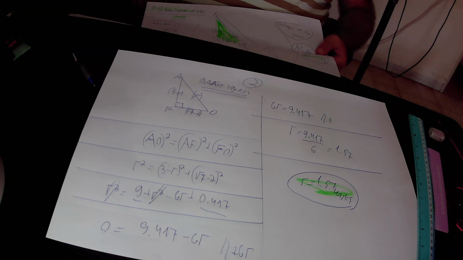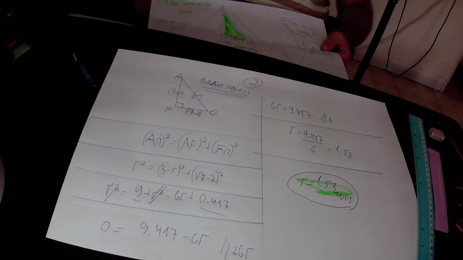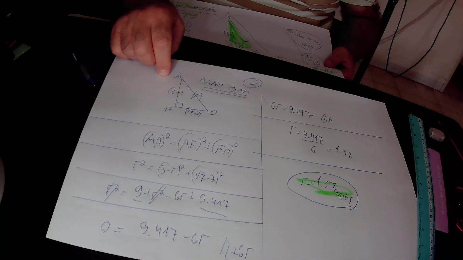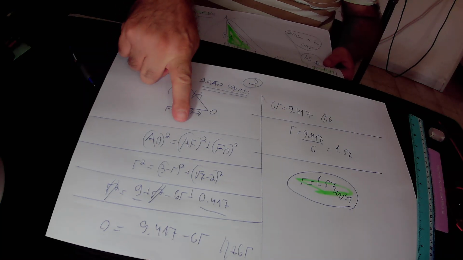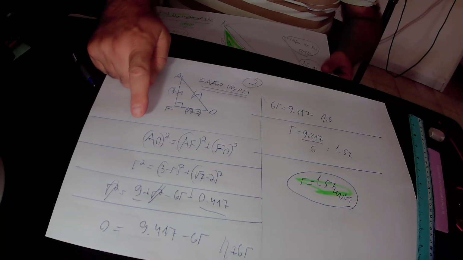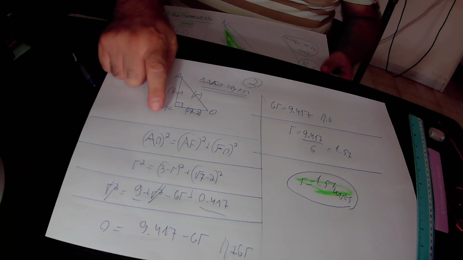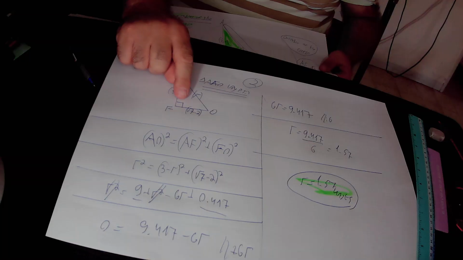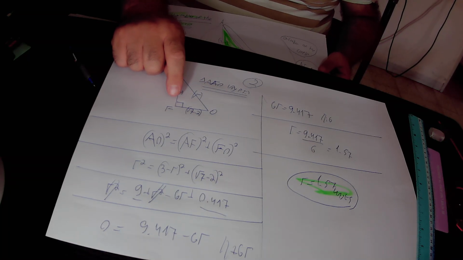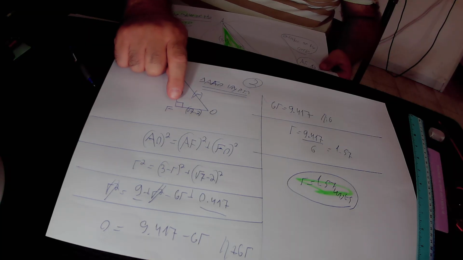In this right triangle AFO, AO squared, that is the square of the hypotenuse, equals AF squared plus FO squared. AO is R, therefore AO squared is R squared, and it equals AF squared. AF is 3 minus R, therefore AF squared is (3 minus R) squared, plus FO squared. FO is square root of 7 minus 2, therefore FO squared equals (square root of 7 minus 2) squared.